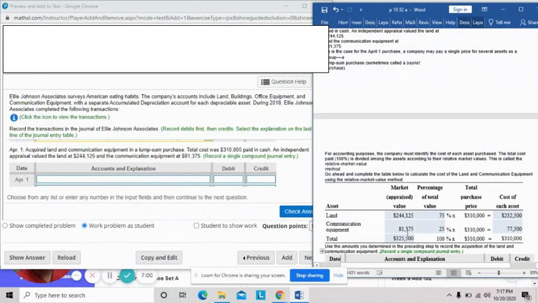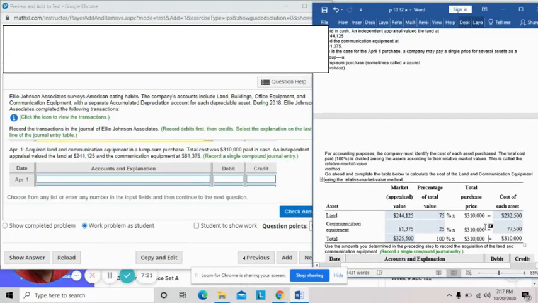Here we take the $310,000 multiplied by 25% to get a cost of the communication equipment of $77,500. This totals the total amount paid in cash of $310,000.